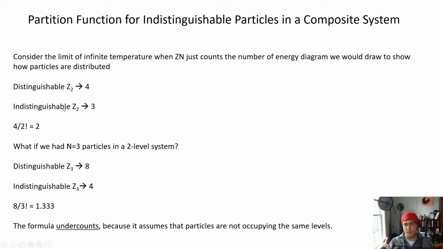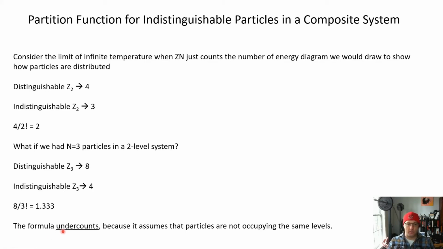So that's interesting, and it points out that it's not just a large n that you need. It's a large n and a large number of levels. In this case, if n equals 3 in a 2-level system, we actually have more particles than we have levels, and so the accuracy of the formula becomes actually worse.